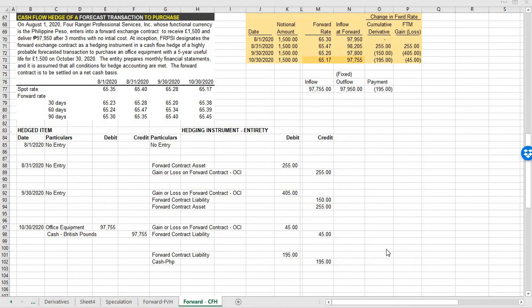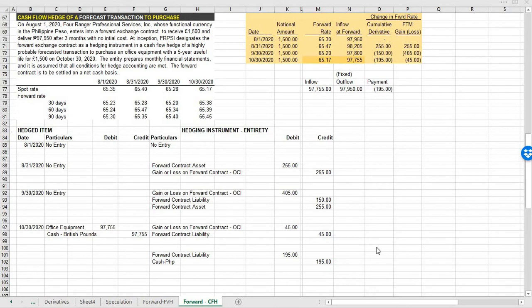So, saan mag-o-offset itong mga changes na to? Normally, itong mga changes ng hedging instrument, dapat i-offset niya ang changes sa hedge item sa profit or loss. Normally sa income statement nangyayari ang offsetting.